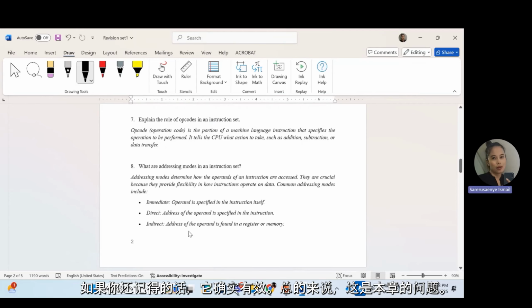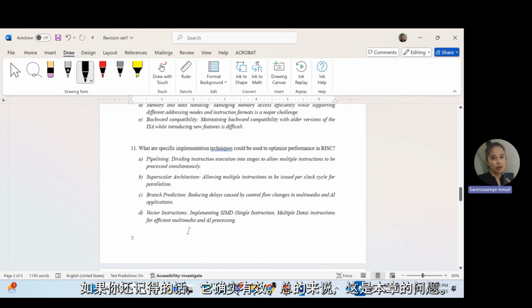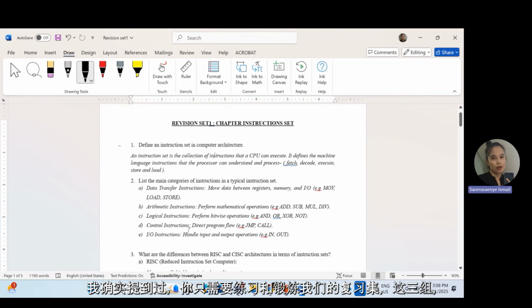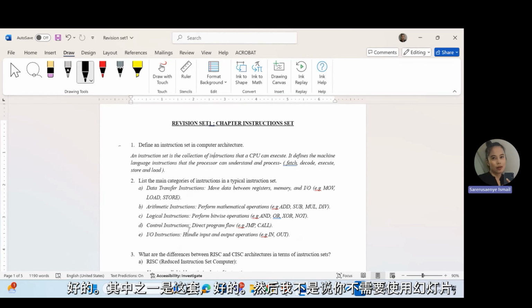So overall, these are the questions about this chapter. I did mention that you just need to practice and do the exercises in our revision sets, these 3 sets. One of them is this set.